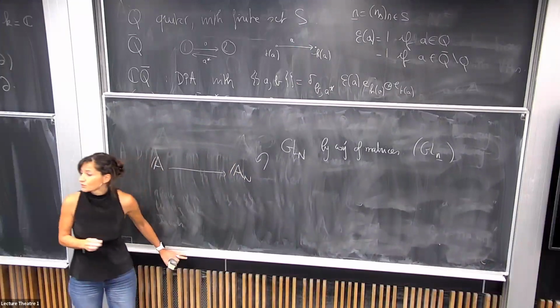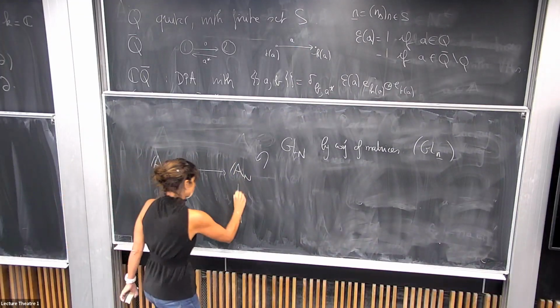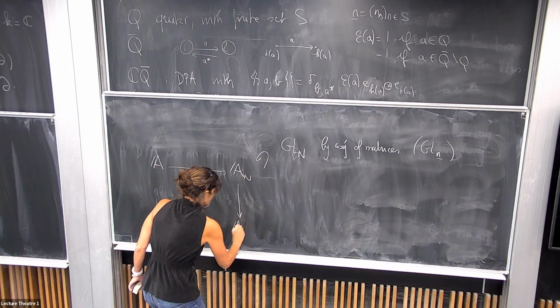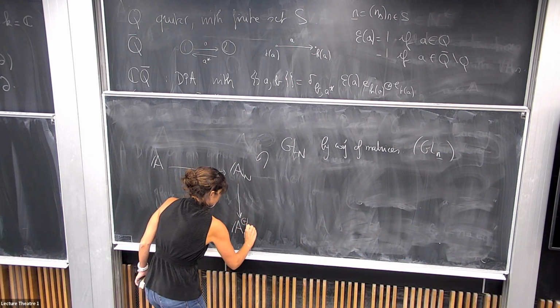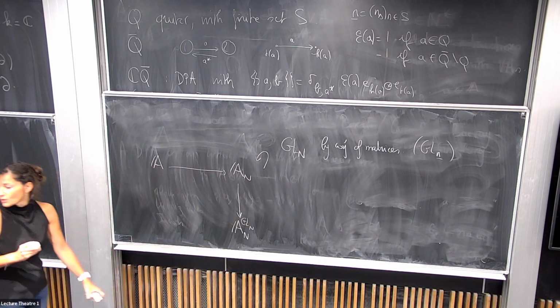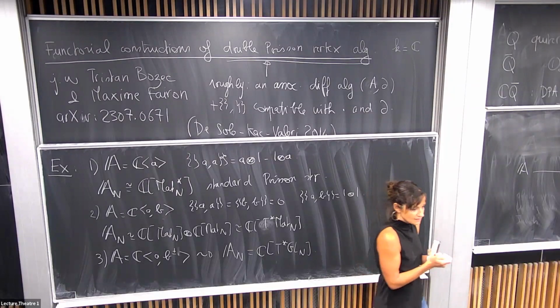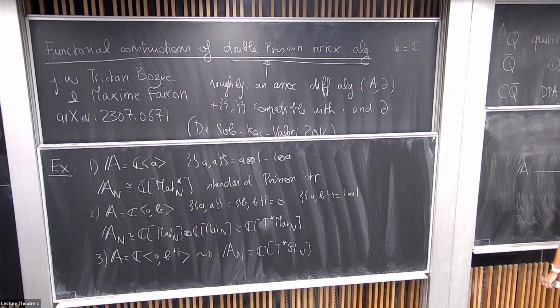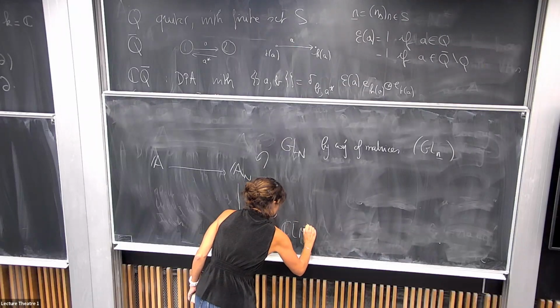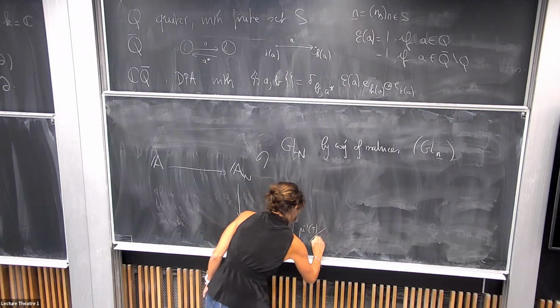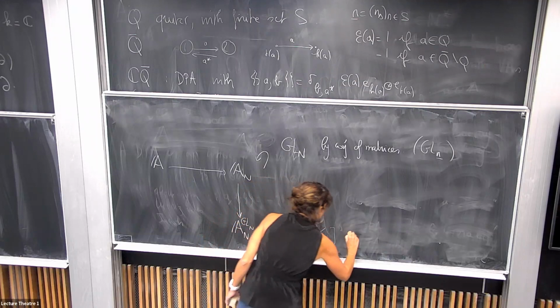It acts by Poisson automorphisms, and then you can consider the Poisson reduction. This gives you a Poisson algebra. You can also consider Hamiltonian reduction if the action is Hamiltonian.